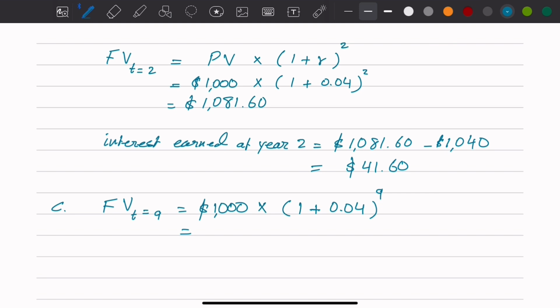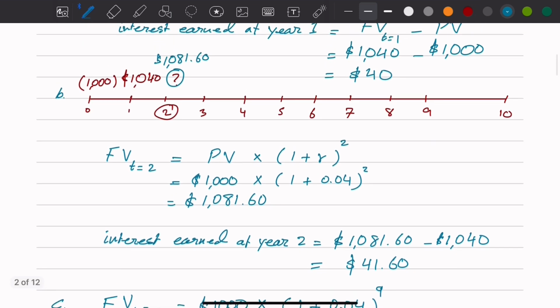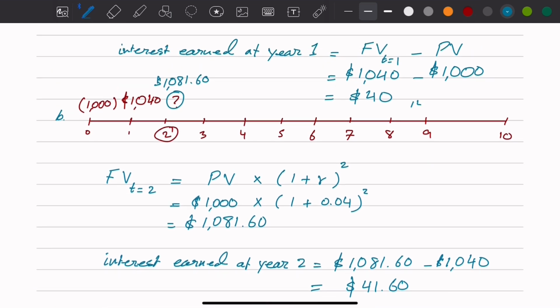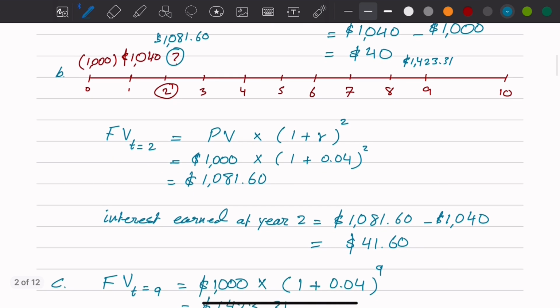Okay. So now, by the end of the 9th year, the value of the account is going to become 1,423 and 31 cents. Okay, 1423. We'll just write it here. 1423.31. Okay.